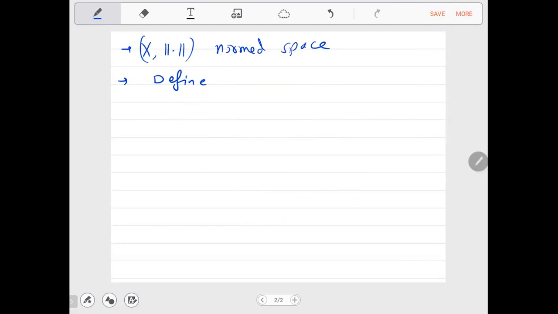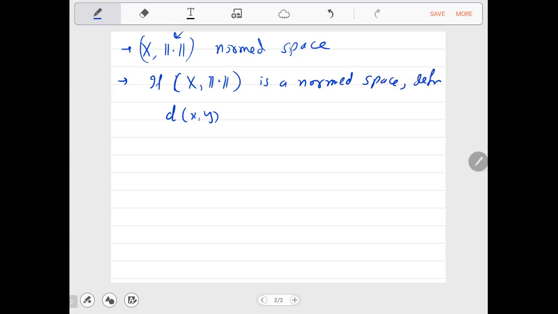We use this notation to represent a normed space: X is a vector space and this function is a norm on X. This ordered pair is called a normed space. If X is a normed space, we can define d(x,y) equal to norm of x minus y for all x, y belonging to X. So every normed space is a metric space, and you can define the metric by this formula.